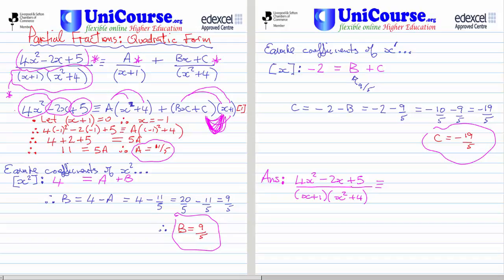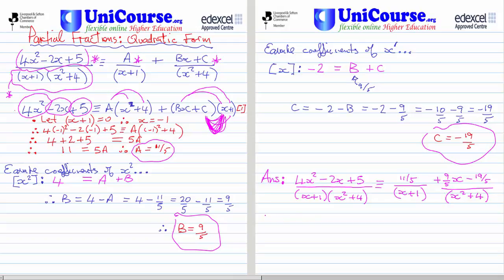So we could just write 11 over 5 sitting over x plus 1, in brackets if you want, plus bx plus c. Well, b is 9 over 5, so 9 over 5x plus c. Well, c is minus 19 over 5, so plus minus gets you to minus 19 over 5, and all that lot sits over x squared plus 4.